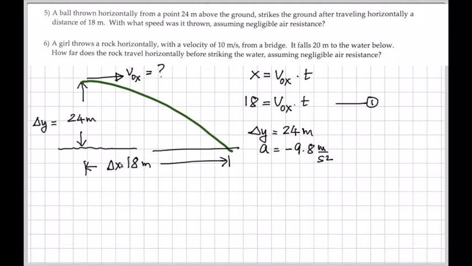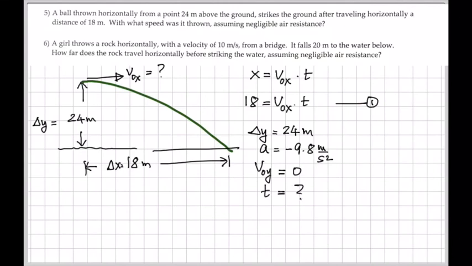And in this particular question and the next, it says it's thrown horizontally. That's a key word. If something is thrown horizontally, its initial vertical velocity is 0. You got to write that. If something is thrown horizontally, its initial vertical velocity is 0.